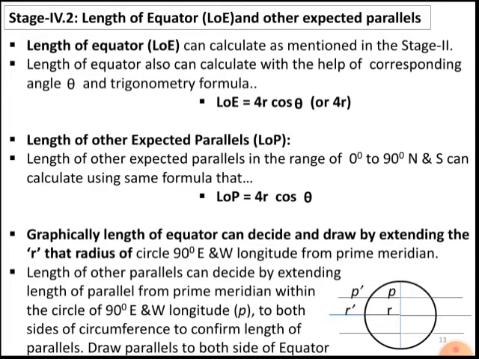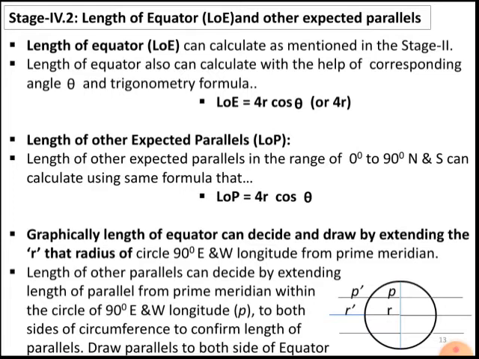If you extend that r, the radius, to both sides of the circumference, like r to r dash, we will get the total length of the equator.